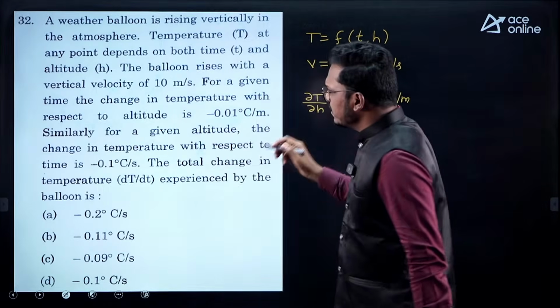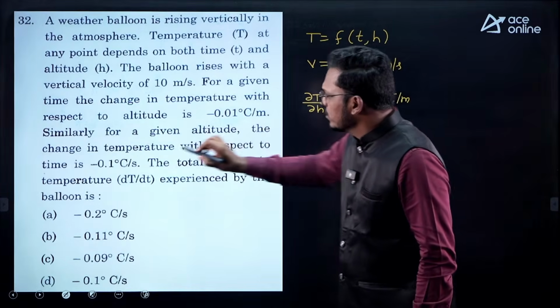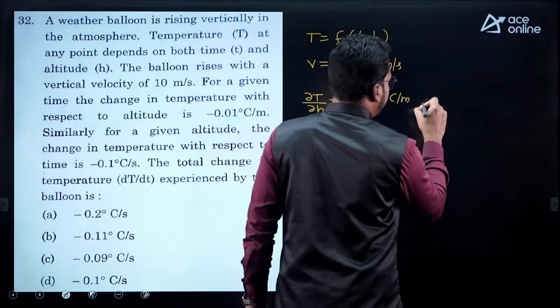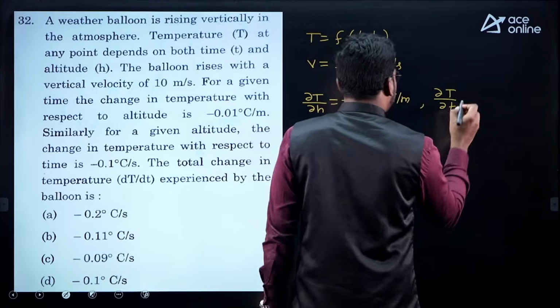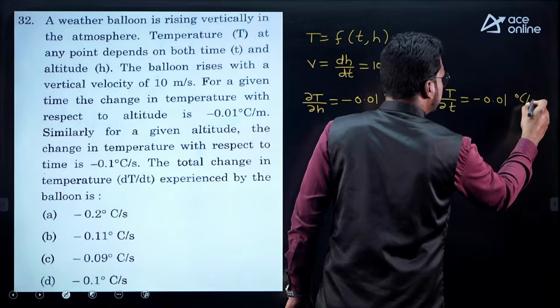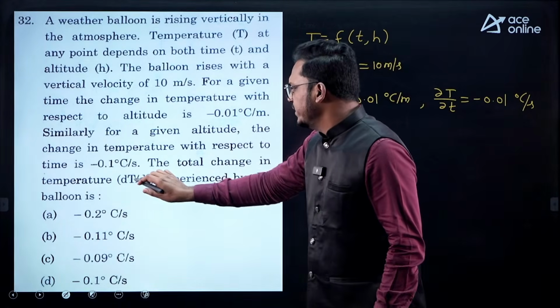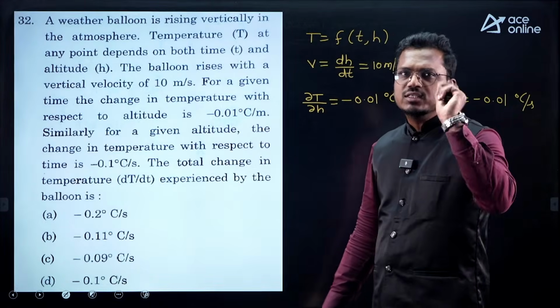Similarly, for a given altitude, the change in temperature with respect to time, the partial change, is minus 0.01 degree Celsius per second. The total change in temperature, dT by dt, experienced by the balloon, they are asking the total change in temperature.